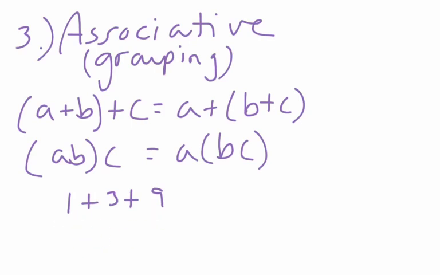It's easier to group them. And what you're doing when you do that is you're using commutativity to switch the order, and then you're using associativity, and it allows you to regroup and simplify the problem in a different way. So that's your commutative and your associative, your grouping.